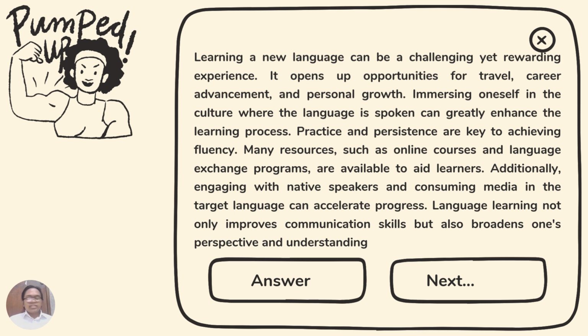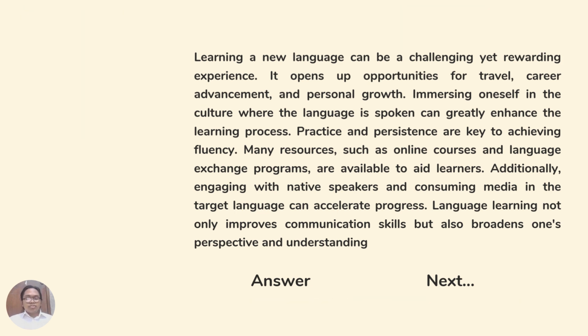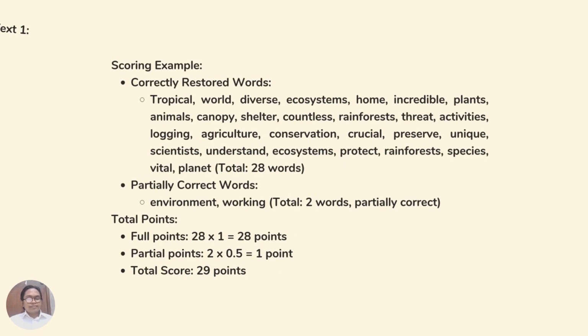So these are the answers for the C-test number two. Next, this is the scoring example from the text we talked about before, text number one. So the scoring example is this.